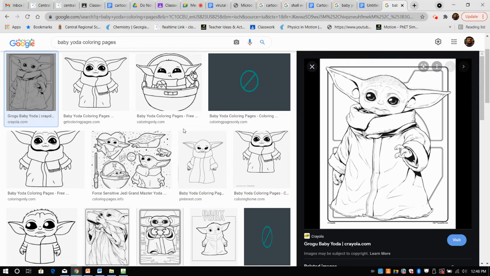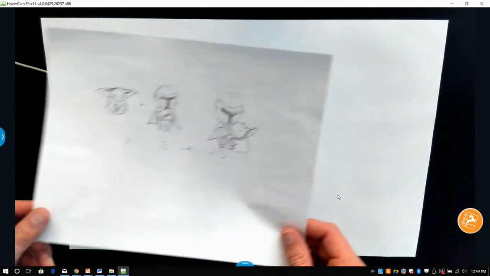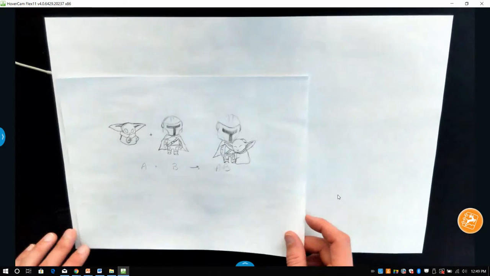Make sure it's not super, super big, because the piece of paper that the final part is going to be on is about yay big. I'm going to show it here in a second. So this is the size of the paper, like a regular piece of computer paper.